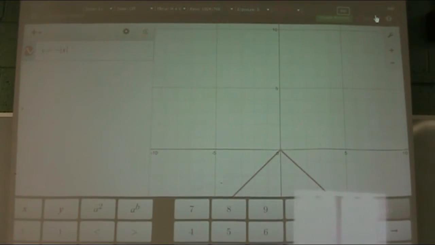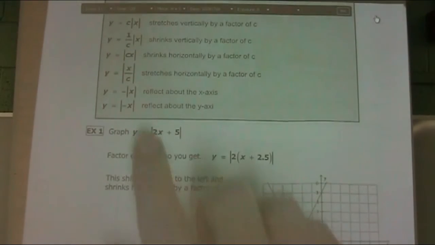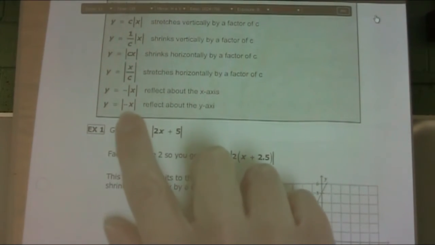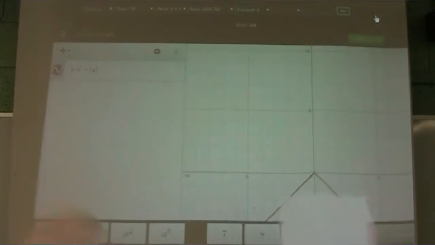It flips it upside down. So it reflects it. We call that reflecting on the x-axis. The x-axis is that horizontal axis, and it reflected it to the other side, just like a mirror. So we call that reflecting on the x-axis. Here's what happens if I put it inside. It's going to reflect it about the y-axis. But here's what you're going to notice.